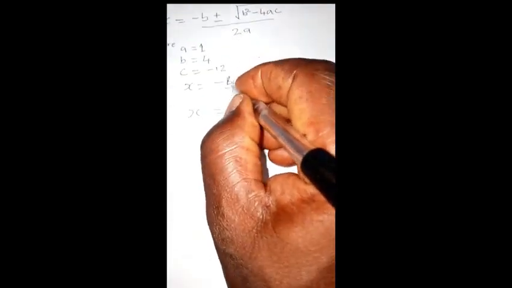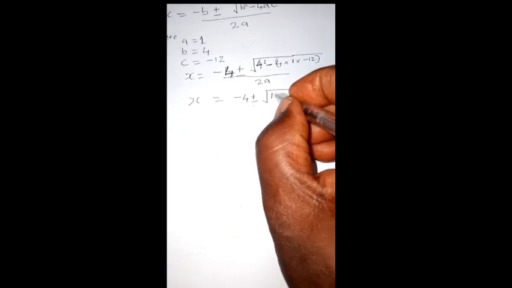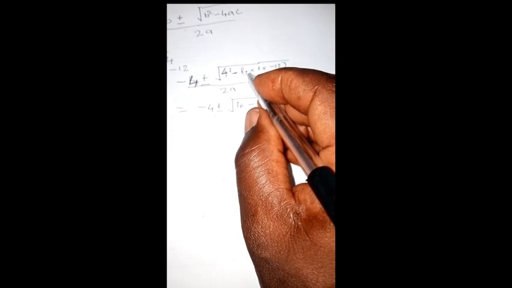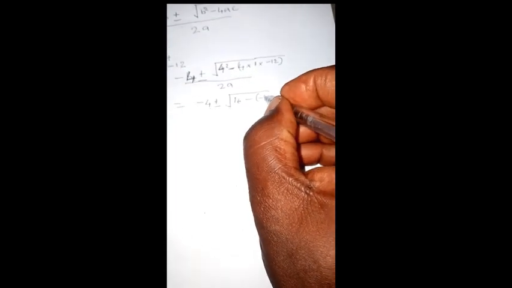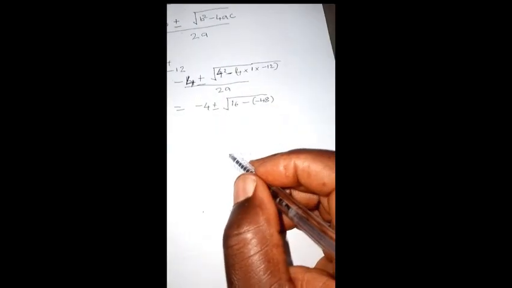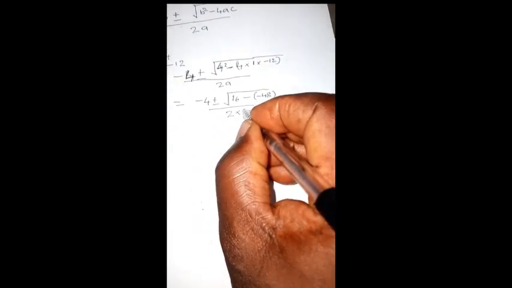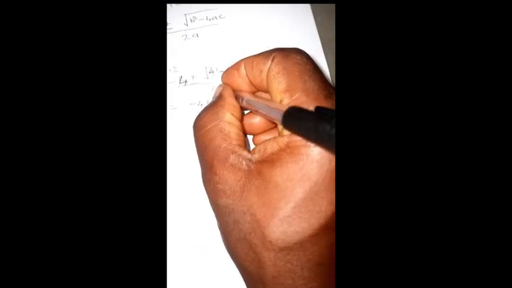So this gives us minus 4 plus or minus the root of 4 squared, which is 16, minus 4 times 1 times 12, which gives you minus 48. Then this is divided by 2 times 1, which is basically 2.